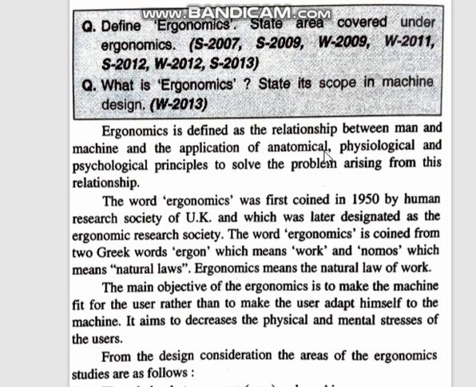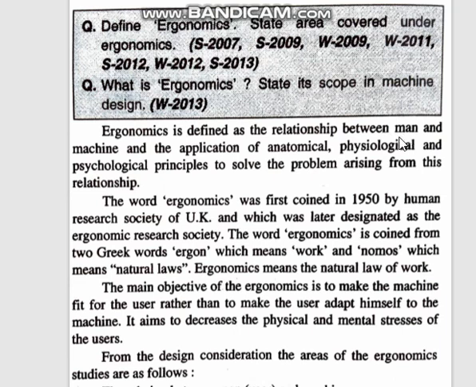You see, we always have a man and machine combination. If we have to ride a motorcycle, there is a machine and there is a man. These are in a relationship there. What is the relationship between these two? The study of this comes under ergonomics.